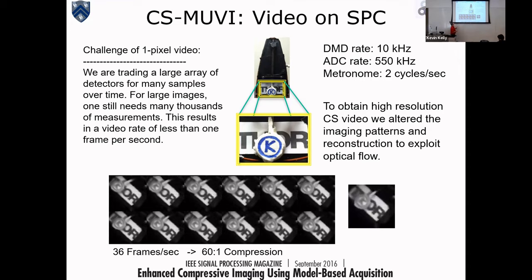But the cool thing is when you do this, you get 60-to-1 compression or 100-to-1 compression or 200-to-1 compression. When I was talking about regular single pixel camera imaging, you get instead 10-to-1 compression or 20-to-1 compression at best. So why is it the compression keeps going up and the quality is the same even though we're solving a harder problem?